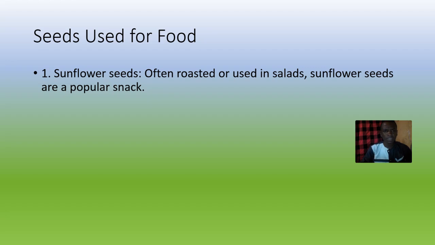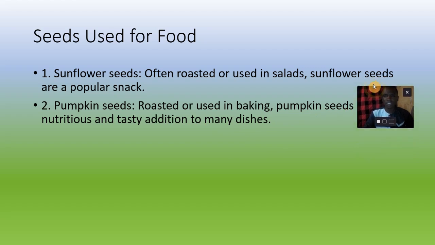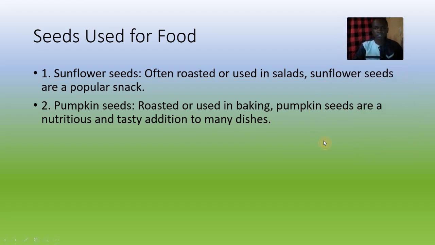For example, sunflower seeds are often roasted and used in salads and maybe some snacks. Then we have the pumpkin seeds. When they are roasted or used in baking, pumpkin seeds are nutritious and tasty additions to many dishes.